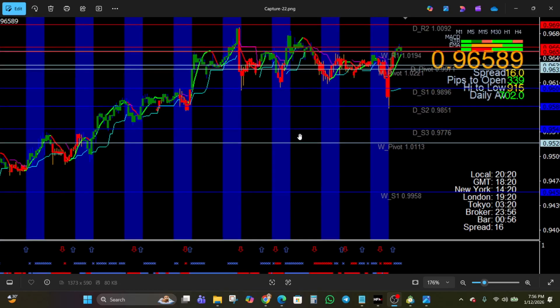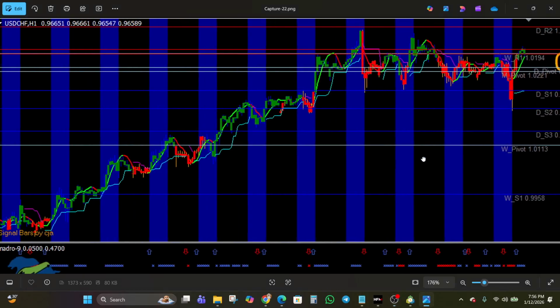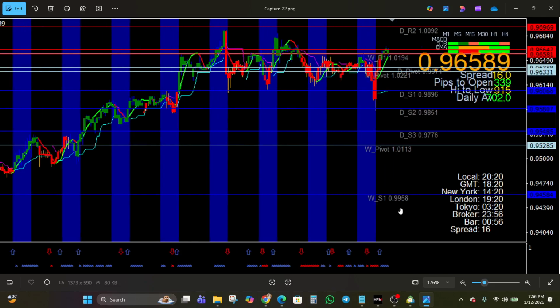Okay, so now this indicator, as you can see, displays the prevailing trend in the market. It also displays important information like London time, Tokyo time, the broker time, bar, the spread, local time, GMT.